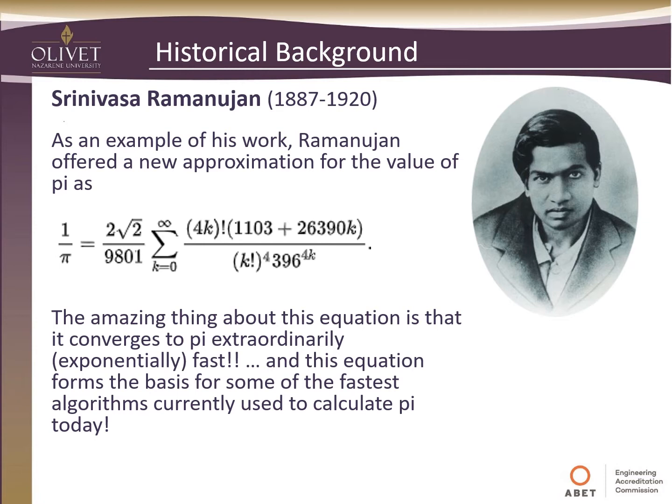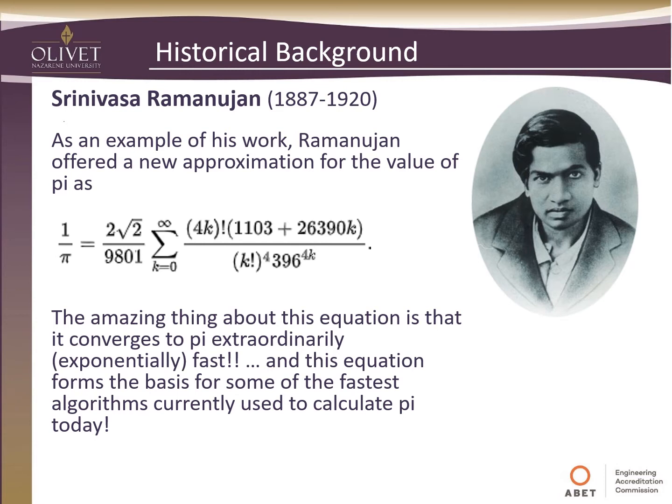And he never really gave any explanation for it. He just presented it, and no one's really been able to figure out what his basis was for coming up with this, that he just had an insight into the way the function pi behaved. And this equation is so accurate and works so well that even today it forms the basis for some of the fastest algorithms used to calculate pi.